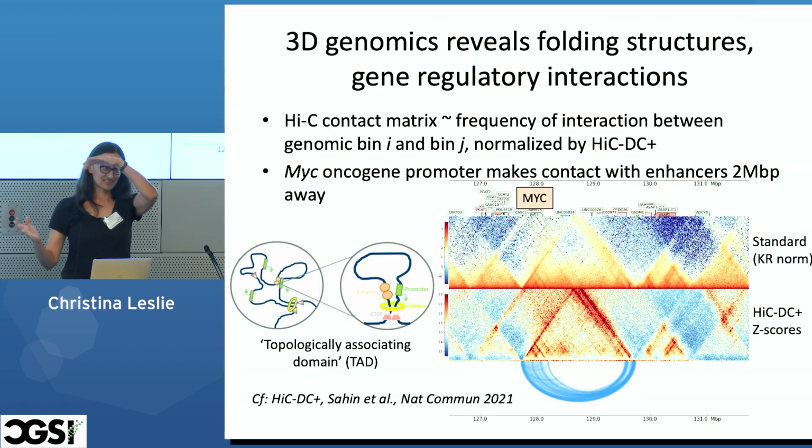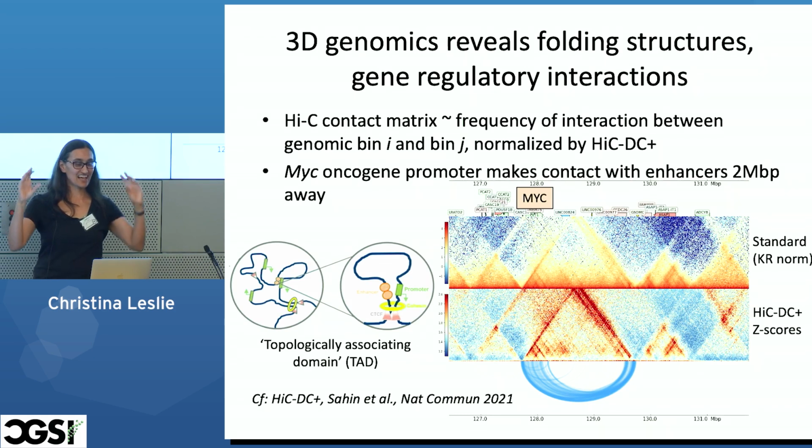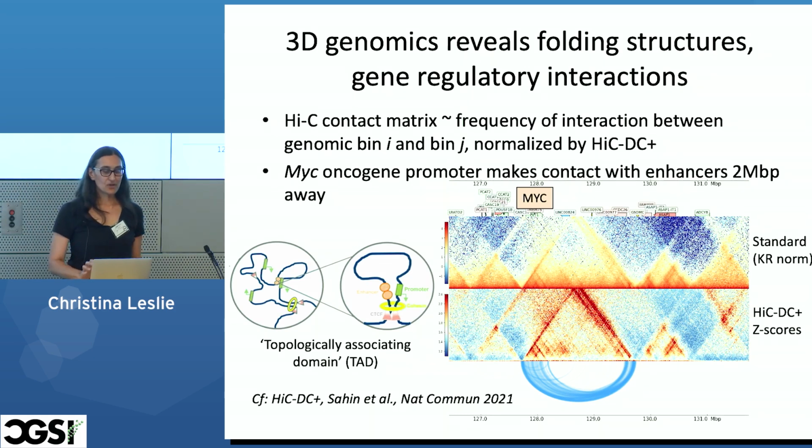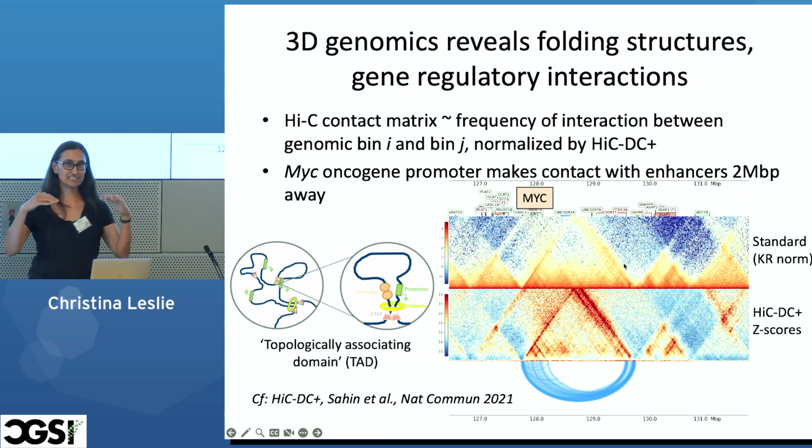We get something like this. I'm taking the matrix, putting it on its side, and the only thing you need to know is that usually what people do is they normalize by a matrix rebalancing, and the main thing you see are these triangle structures called TADs, topologically associating domains, okay?